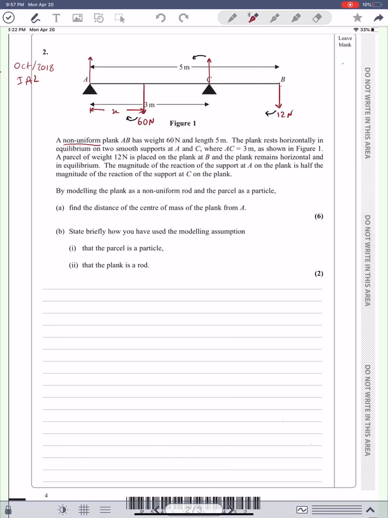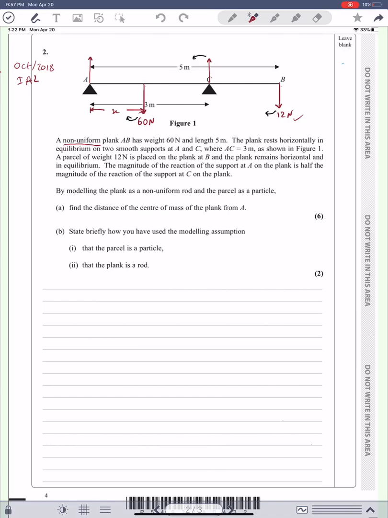The plank rests horizontally in equilibrium on two smooth supports, A and C, where AC is 3 as drawn in the diagram. A parcel of weight 12 newtons is placed on the plank at B, and the plank remains horizontal and in equilibrium.